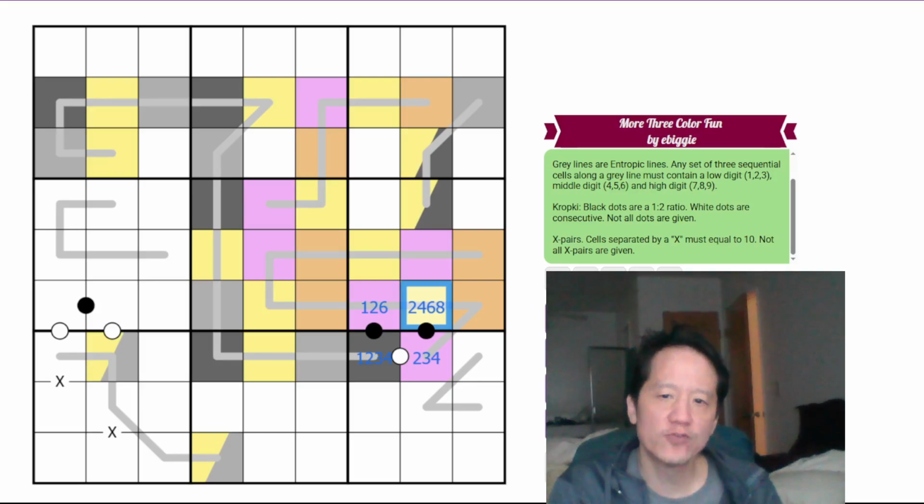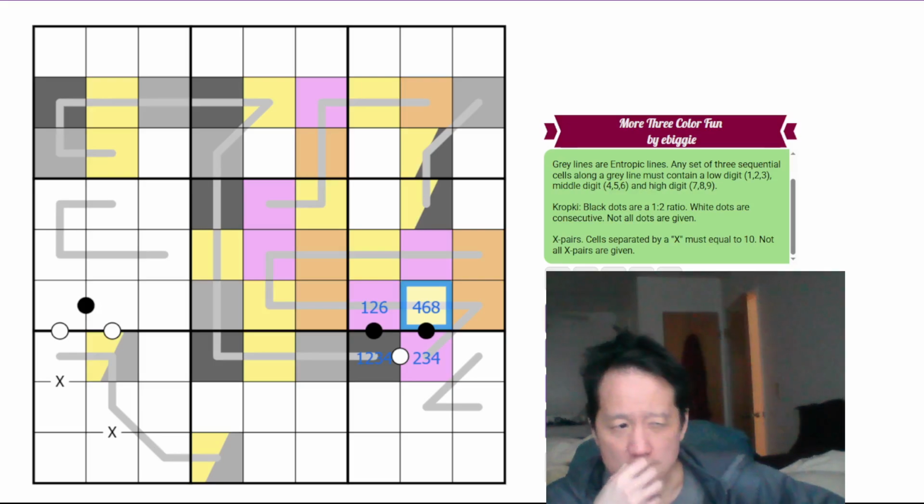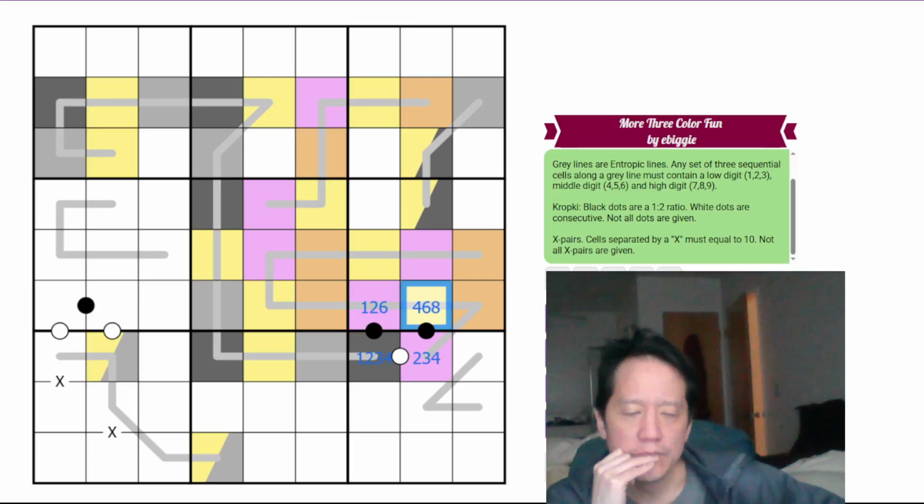So this can never be 2. So the low is either pink. I guess it could be orange.